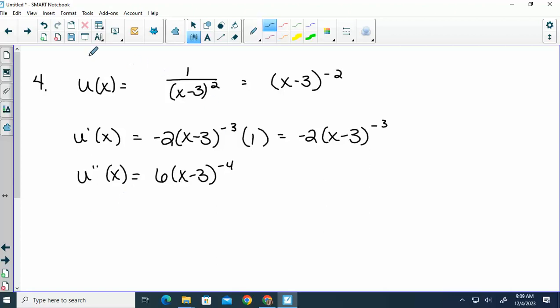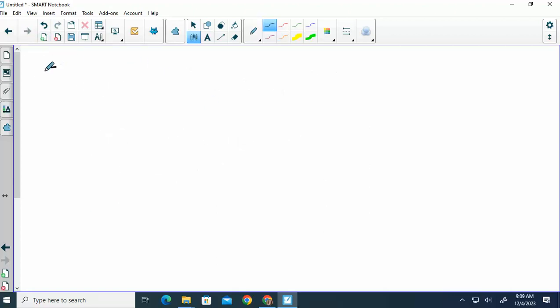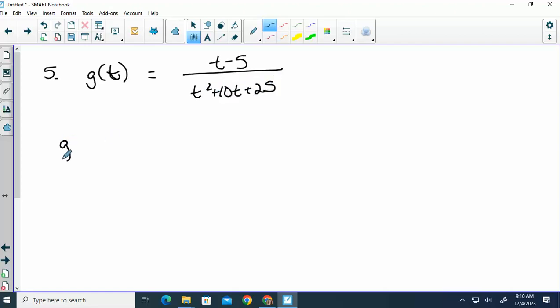Number 5, how would I have to do this one? For quotient rule. So, low D high, what's the derivative of the top?